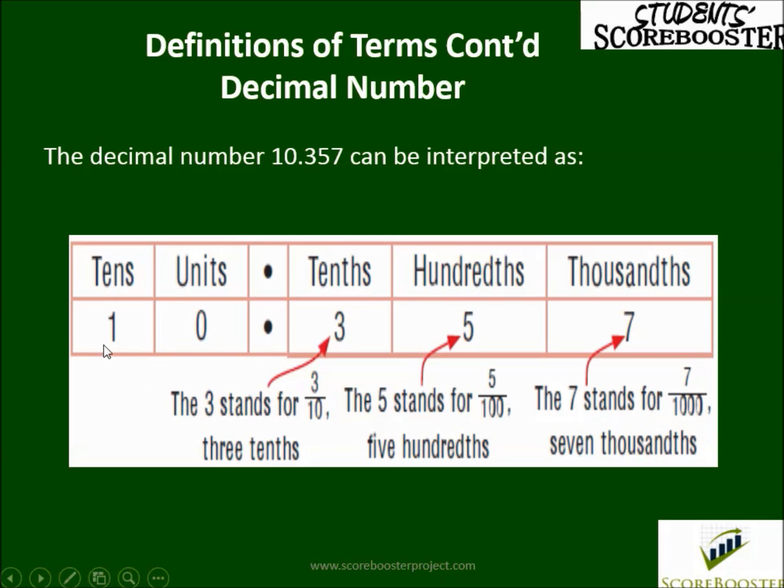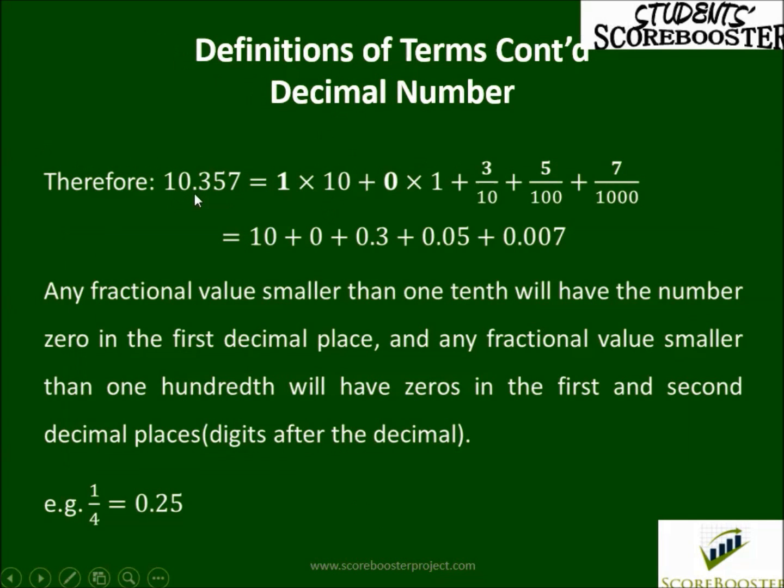So when you add 10, 0, 3 over 10, 5 over 100 and 7 over 1000, you arrive at 10.357. You have 1 times 10 because this represents tens, while the 0 represents units, so 0 times 1.